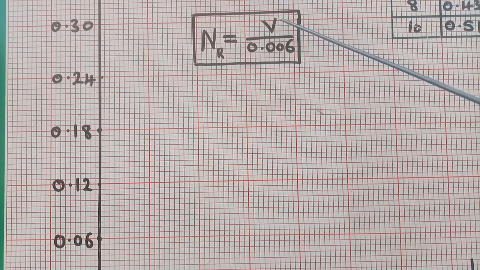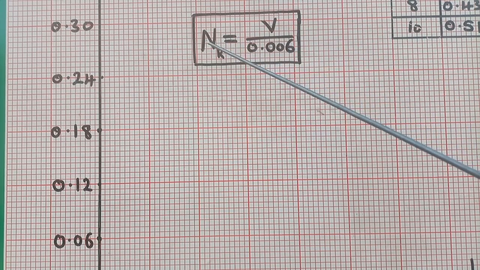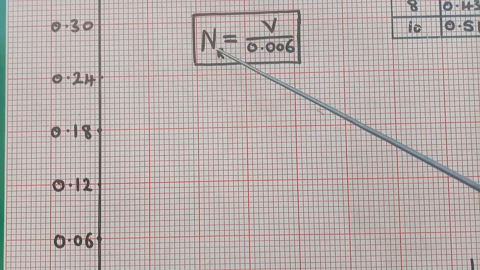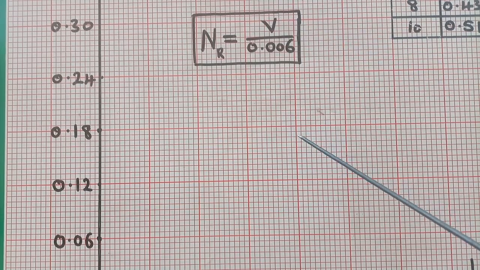V is the value we want to locate, and N is the number of boxes you must count to locate it. Let us turn our attention to the table again for us to use this formula to locate the values. The R is now what we want to locate.